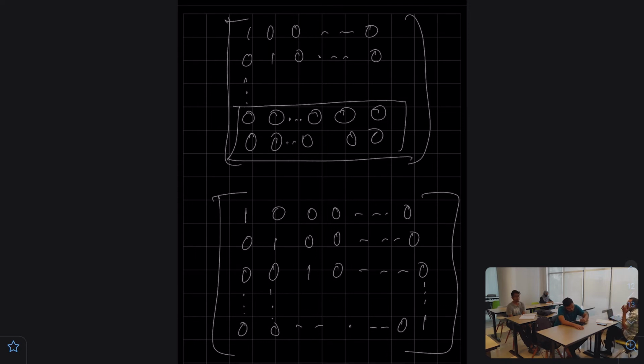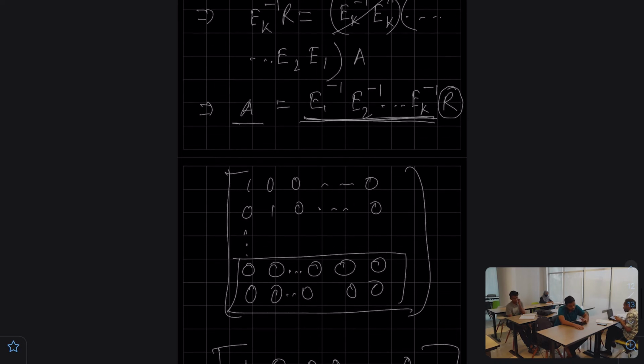That means R is the identity matrix. So since R is the identity matrix, this gives us that A is the product of these elementary matrices.